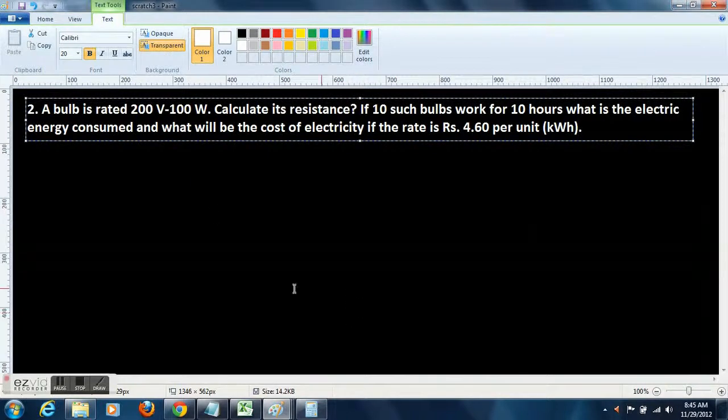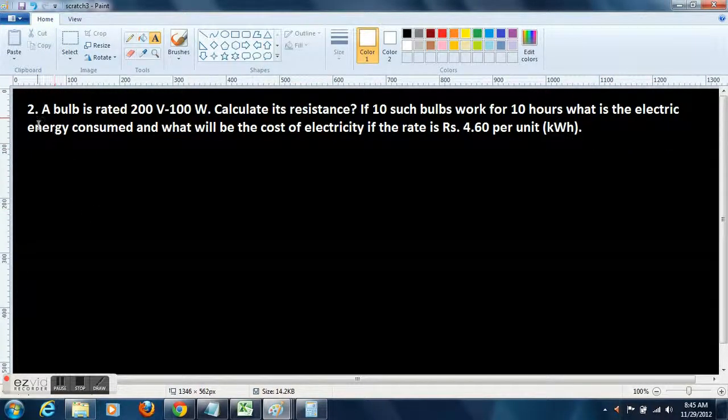In this tutorial, we are going to discuss two more numerical problems. First, I will read out the problems and then I will solve them one after another. First problem. A bulb is rated 200 volt 100 watt.